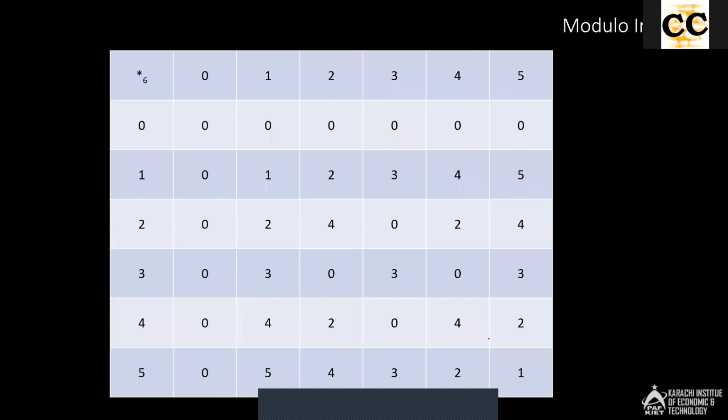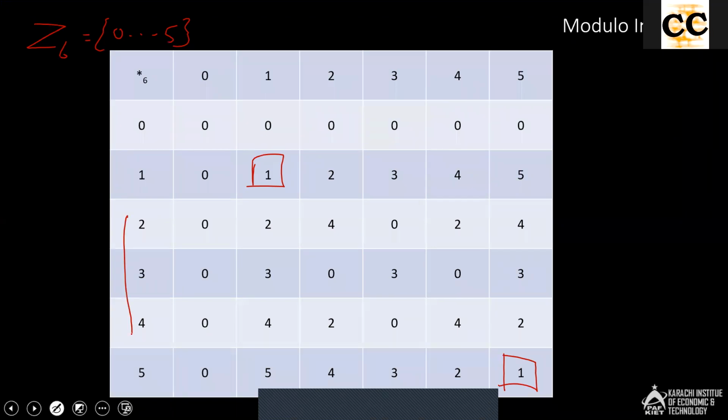So if we try to make a multiplicative table for modular multiplication in modulo 6, that is, if we have the set of integers ranging from 0 to 5, and we try to make a multiplicative table for this, we can see that you only get an inverse for 1 and you only get an inverse for 5, because the rest of the three numbers are not relatively prime to 6, because the GCD of 2 and 6 is 2 itself, GCD of 3 and 6 is 3 itself, GCD of 4 and 6 is 2.